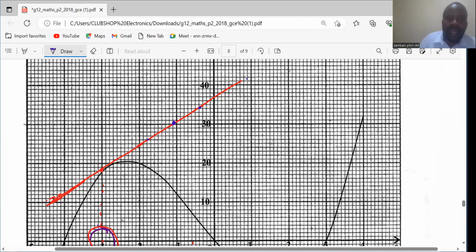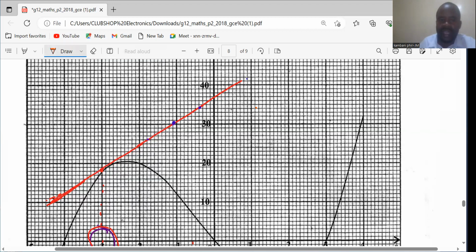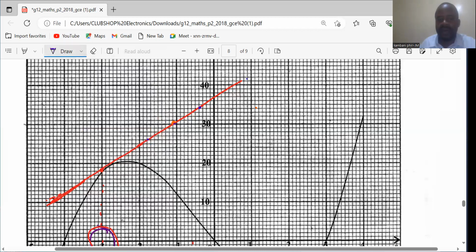I've picked this point, so from this point I go to the y-axis. Then from there, you meet the tangent. You create that triangle, and you're good to go. So your gradient is equal to y divided by x.